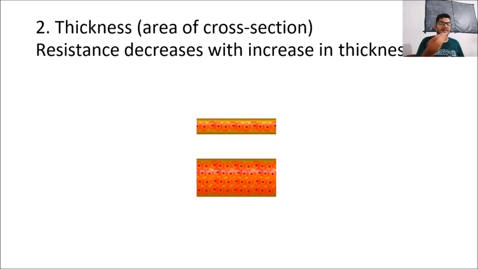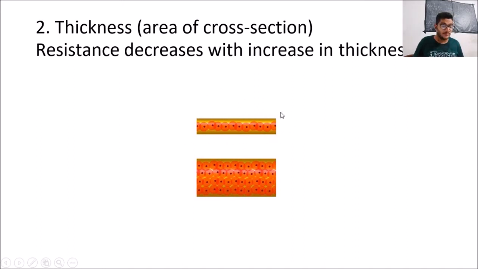Consider that you have a narrower path. If you are walking in a lane and the path is narrower, your resistance will be higher, because you won't cross in a single minute. You have to take time.